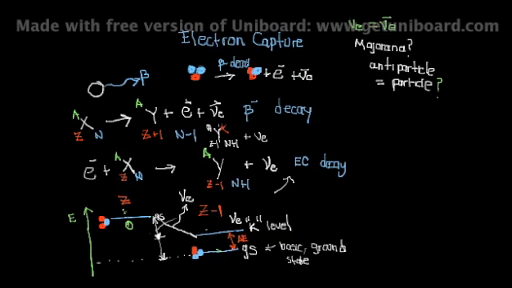When this happens, it will get excited and suddenly change its structure, because when one nucleus captures an electron, a proton will change to a neutron.